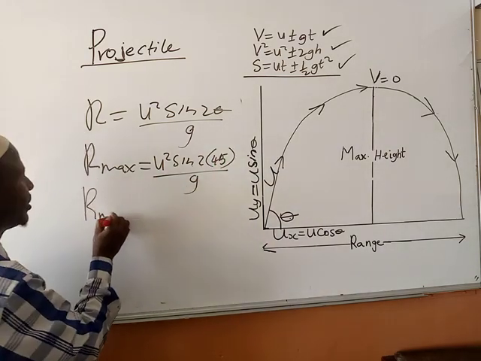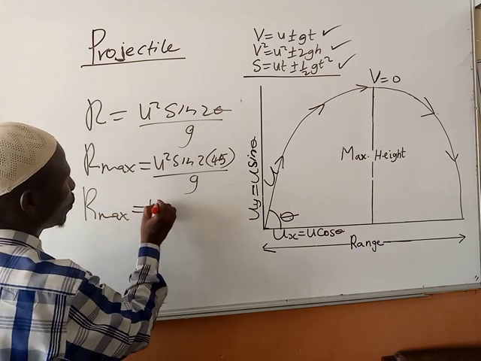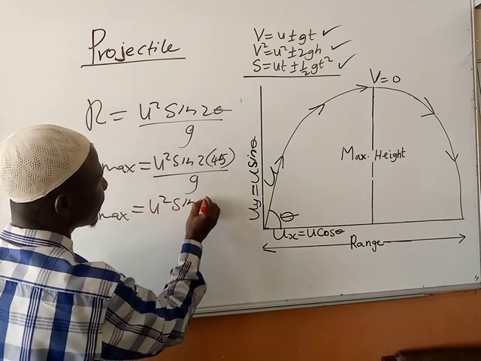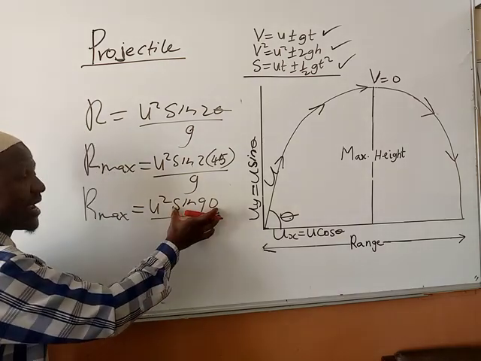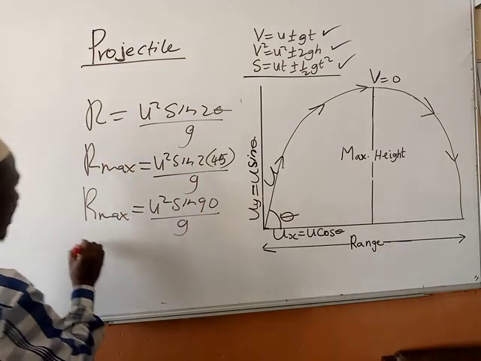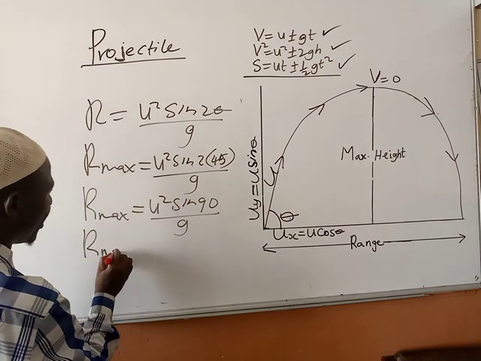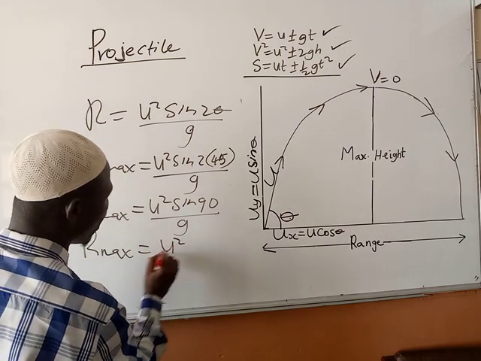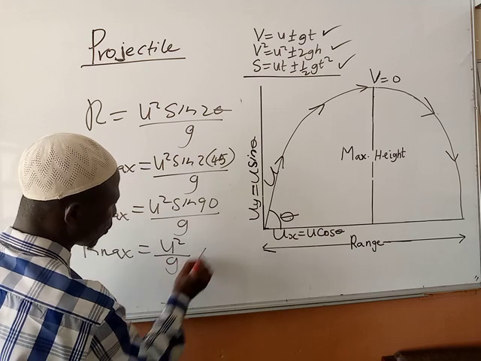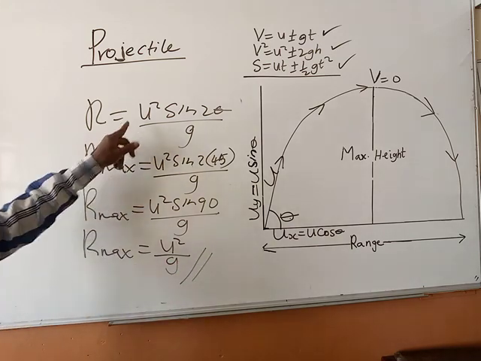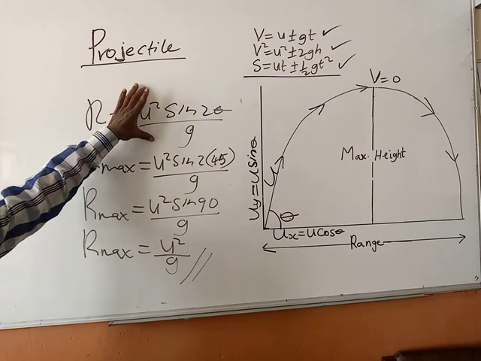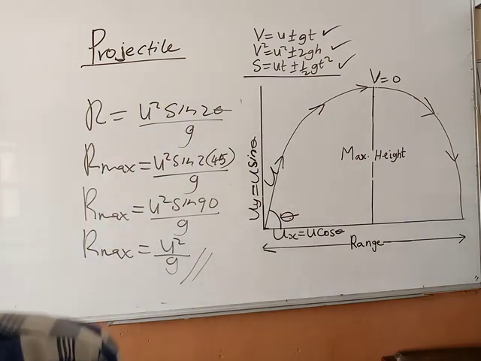Therefore, maximum range is equal to u squared sin 90 over g, where sin 90 is equal to 1. Therefore, maximum range is equal to u squared over g. So this is the formula for finding maximum range, while this one is the formula for finding ordinary range. So that is the end of the topic for today.